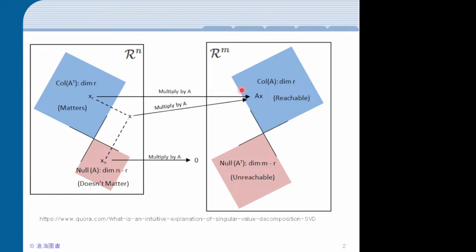Then you can just go back and forth between the column space and row space. Okay, so that's the characterization of matrices.